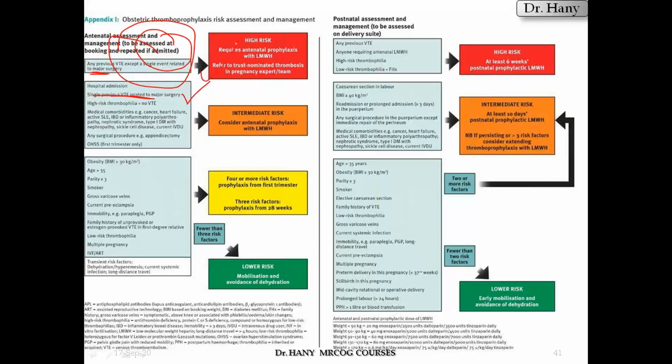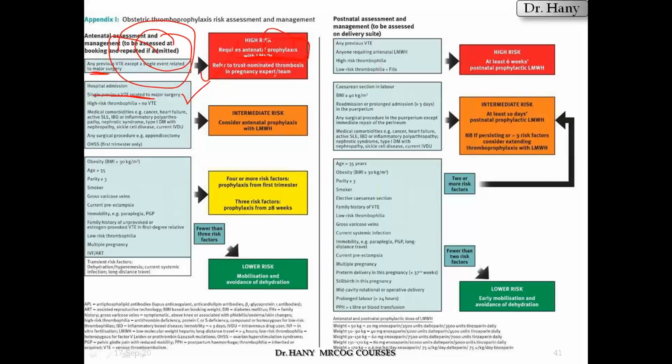High risk requires antenatal prophylaxis with low molecular weight heparin. This speaks here about the prophylactic dose, and you need an expert with you: a pregnancy VTE specialist, referred to the trust-nominated thrombosis in pregnancy expert team.